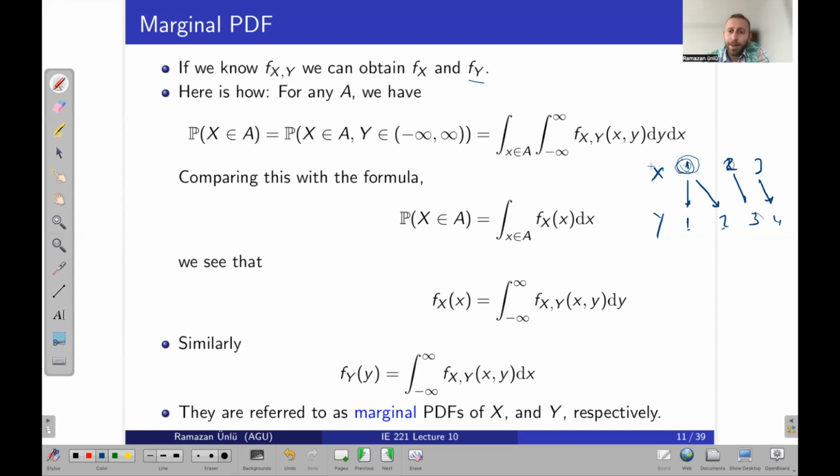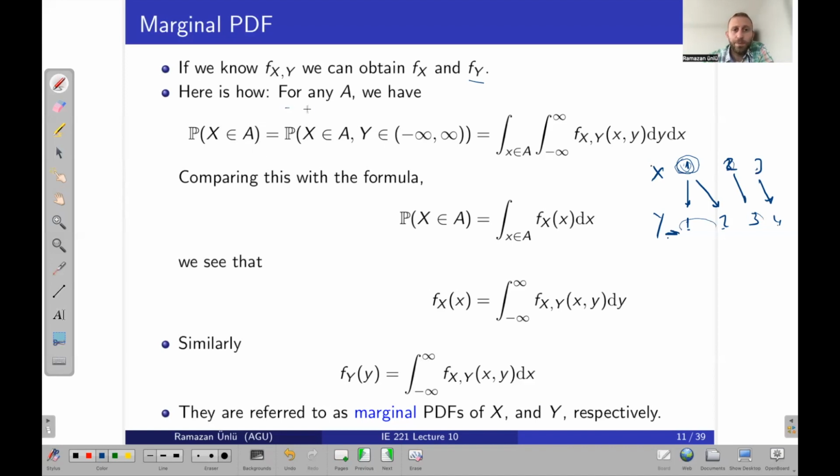If I fix x to 3, y can take 4, right? So the same logic here. The difference is that y can take discrete values there, but in this case, y can take infinite values, right? If I fix x to some value, y can take infinite values. That's why instead of summation, I will use integration, okay?